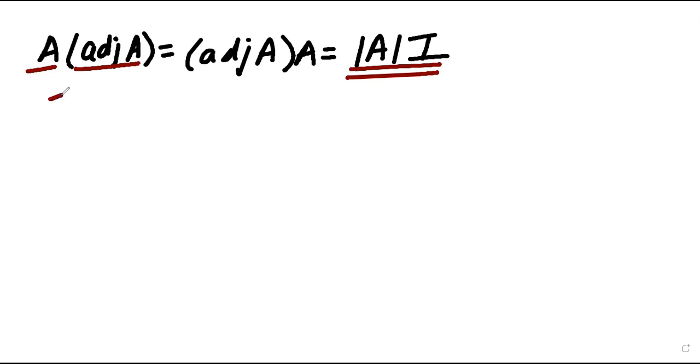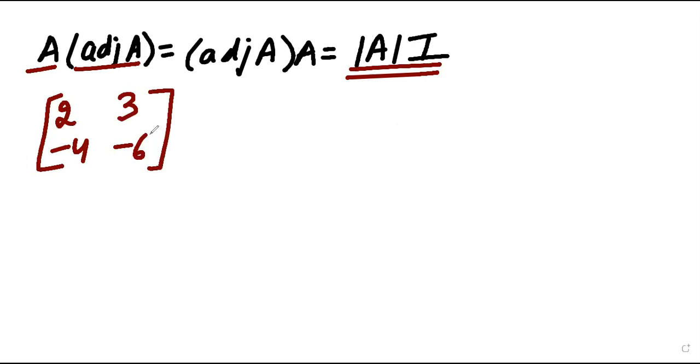Here I am having a matrix, 2, 3, minus 4 and minus 6. Now this is the matrix A, and yesterday I told you that if you have a 2 cross 2 matrix, there is no need of finding the adjoint.